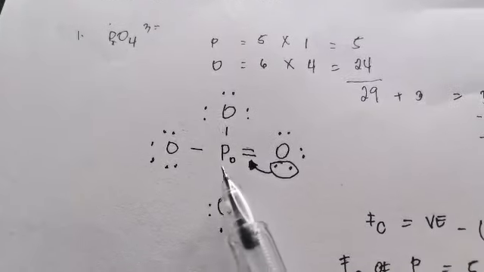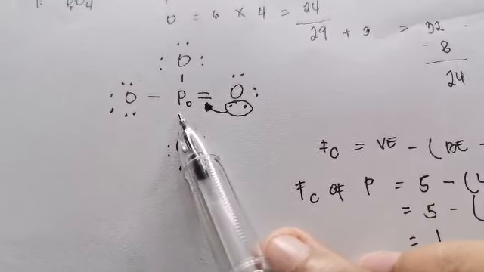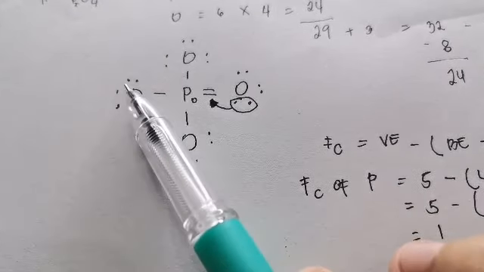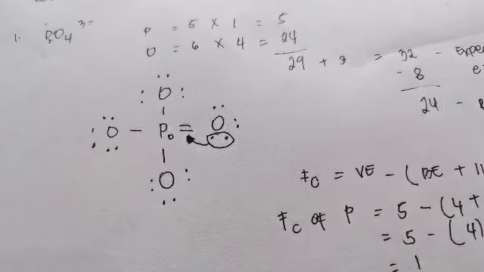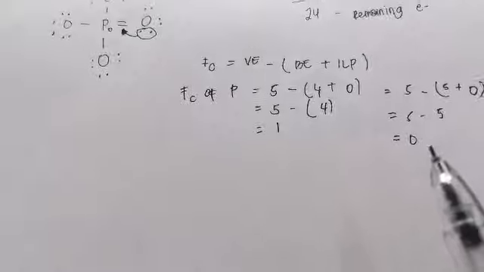So, next is, hindi lang po si central atom yung kukunin natin na formal charge. Kukunin din natin yung formal charge ng mga branches using the same formula. So, what is the formula again?